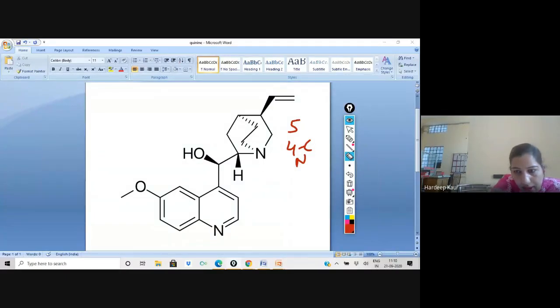On this nitrogen, look, this is a lone pair. Okay, 1, 2, 3, all three groups are different, so this is also a chiral center, because if we move to this side, all four groups are different. So this is the second one, this is the third one. Now we will come here.